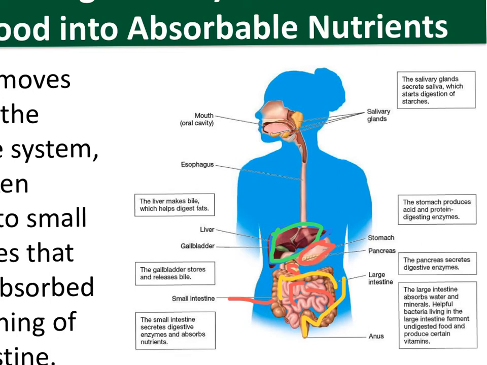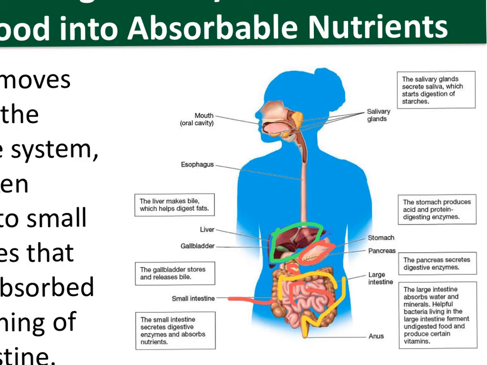Okay. So, the liver makes bile, which digests fats. The stomach produces acid and protein digesting enzymes. The pancreas secretes digestive enzymes that are then fed into the small intestine. The gallbladder stores and releases bile.